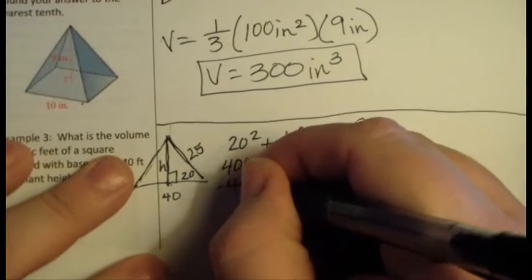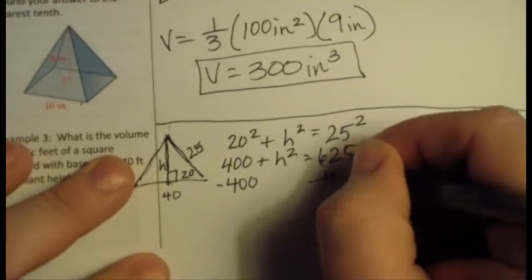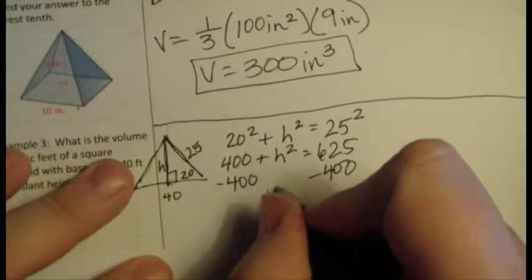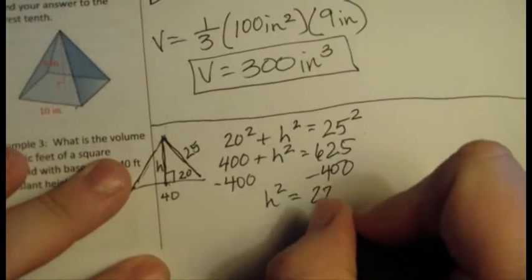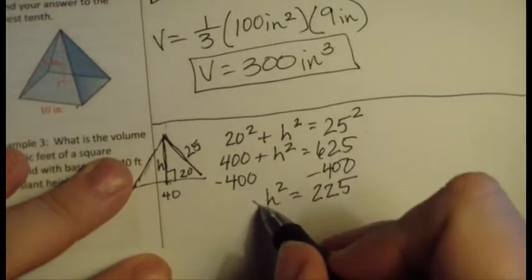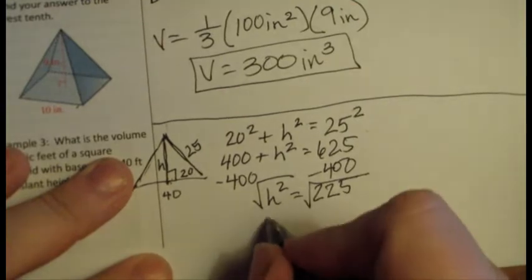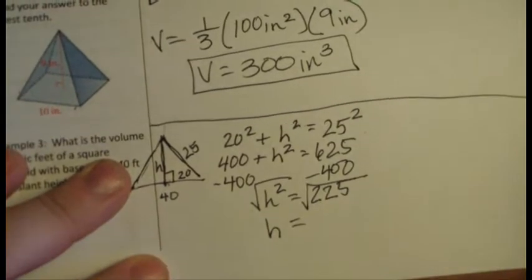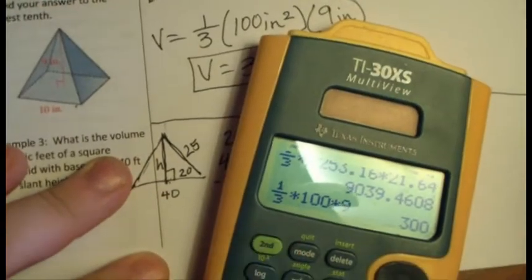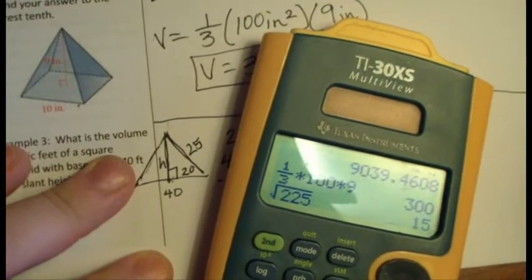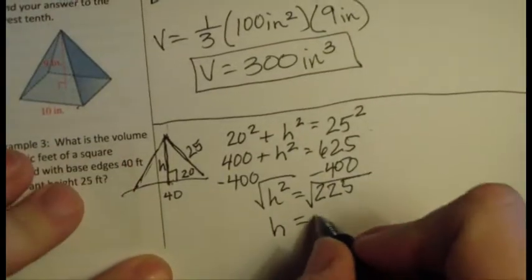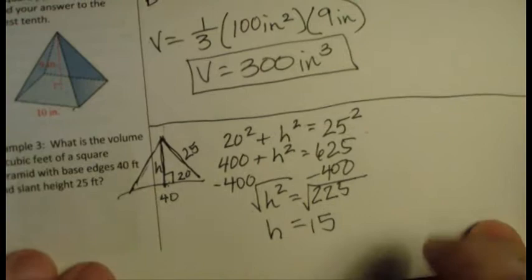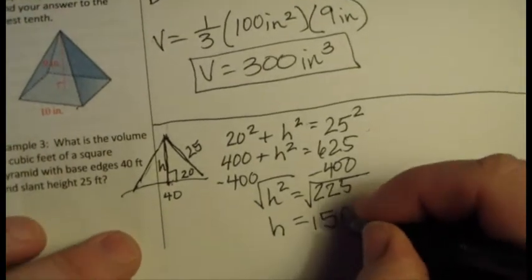Subtract 400 on each side. So h squared is 225. Square root to get h by itself. I believe that's 15, but let me double check. Square root of 225 is 15. So the height of our pyramid is 15 feet.